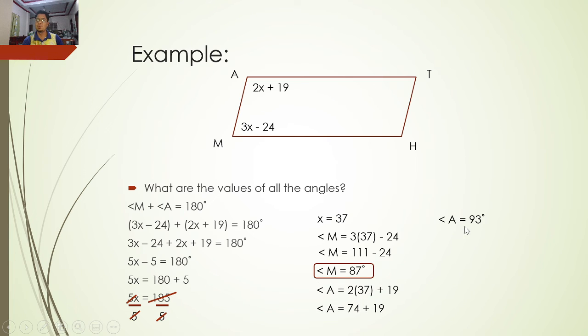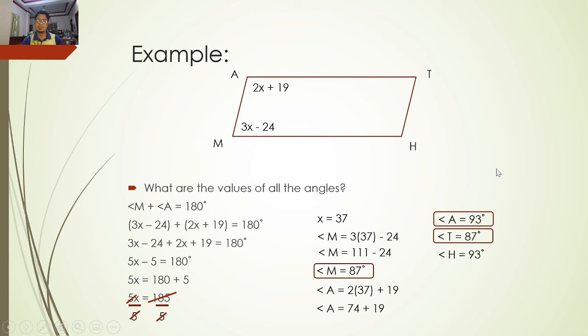Angle A is equal to 93 degrees. So, again, sir, pwede, as long as you can confirm na tama yung una mong solution. Pero, kung in doubt ka, i-substitute mo pa rin. Okay pa? So, pag pinag-adyan, dapat 180 degrees for you to be sure.